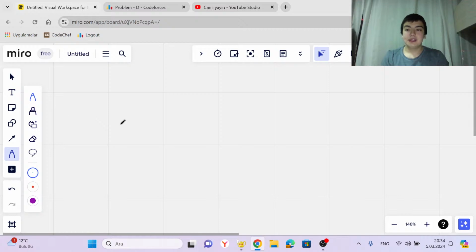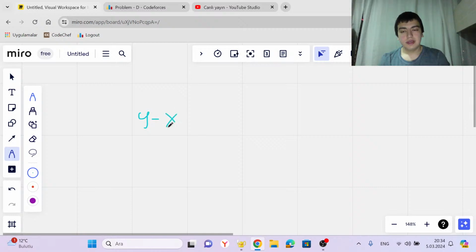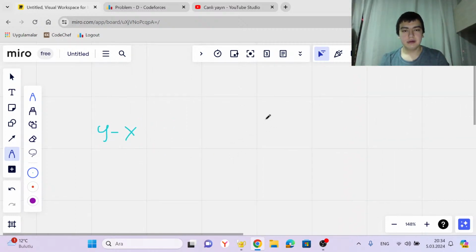Let's look at a sequence. If we choose y minus x equal to c, we can only select y plus x equal to c, because y plus x should be greater than or equal to y minus x.